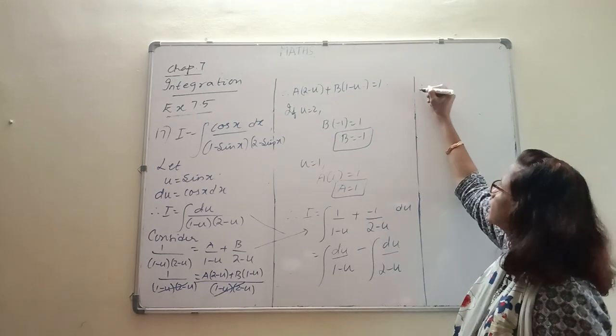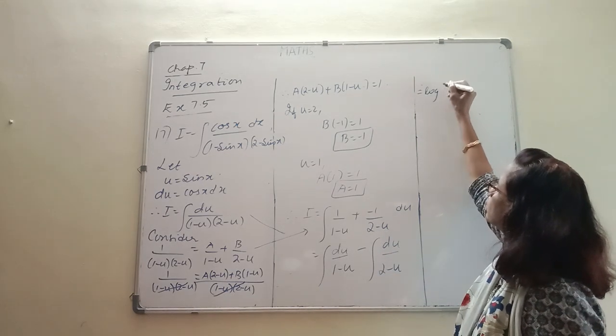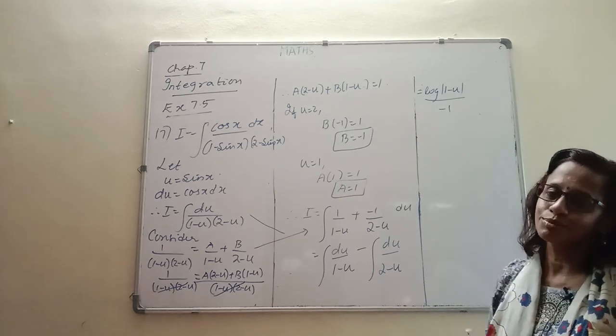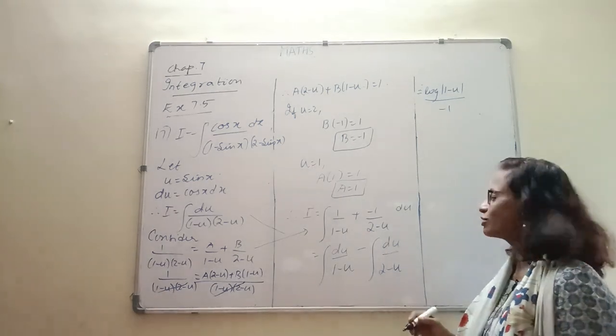So the first part is going to be log modulus of (1 minus u), but because there is that minus u, you have to account for the coefficient.